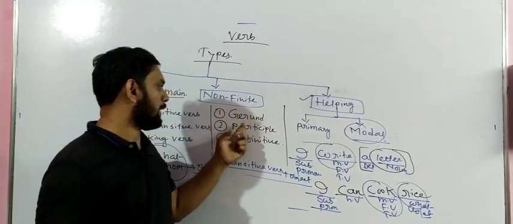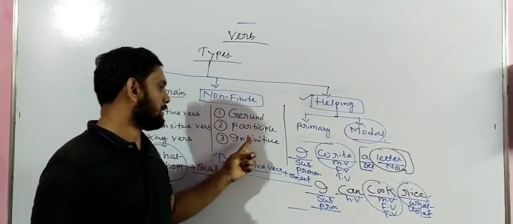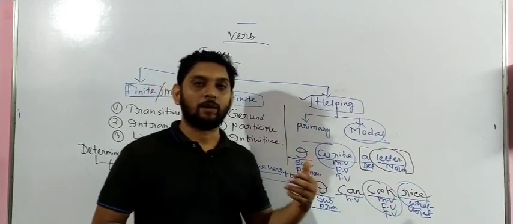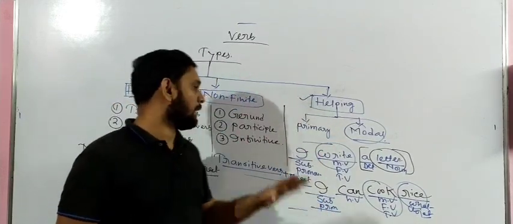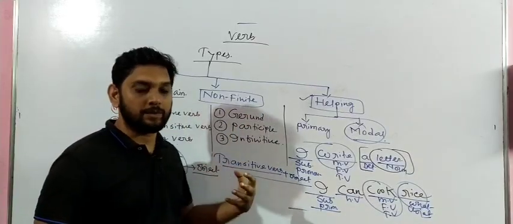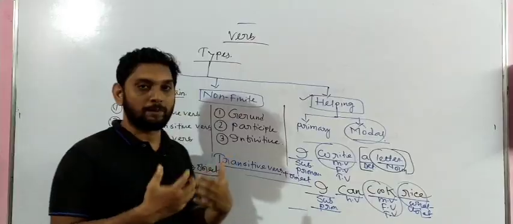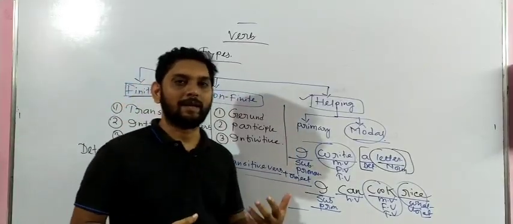Here I have written the non-finites: gerund, participle, infinitive. Gerund acts as a noun, participle acts as an adjective, and infinitive acts as a noun, adjective or adverb. So all these are forms of verbs, but they cannot act as verbs. I will tell you more later on.